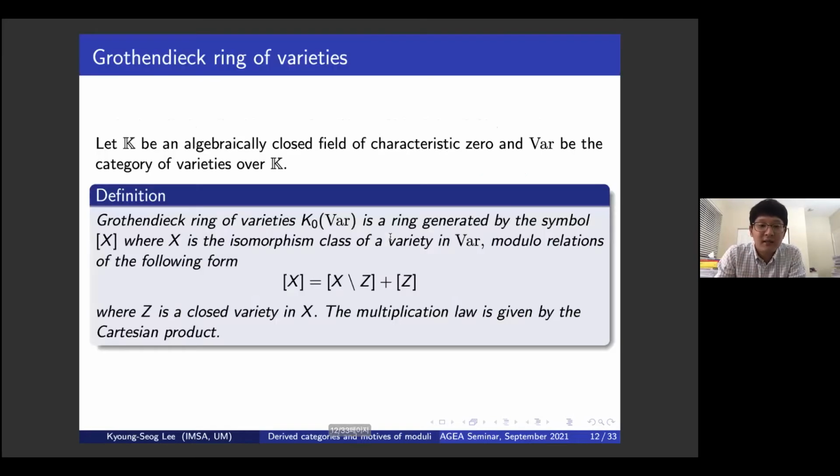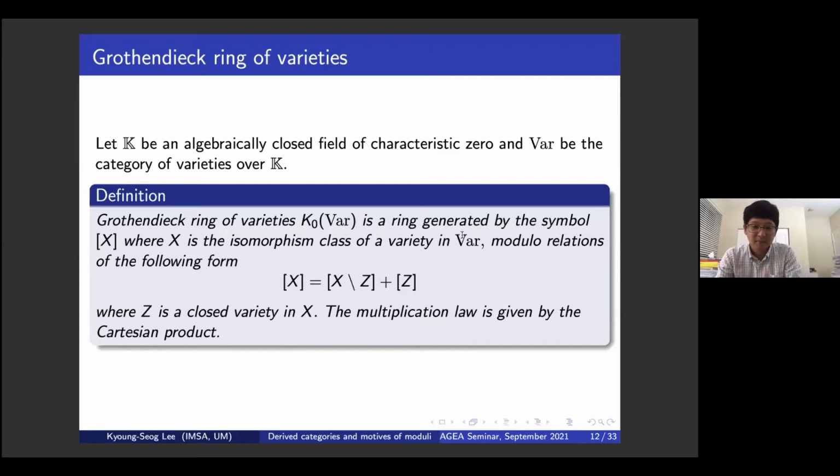And indeed he suggested some versions of motif. The first motif I will discuss is the so-called Grothendieck ring of varieties. When K is an algebraically closed field of characteristic zero, and Var_K is the category of varieties over K, then the Grothendieck ring of varieties is the ring generated by the symbols [X], where X is an isomorphism class of a variety in this category.